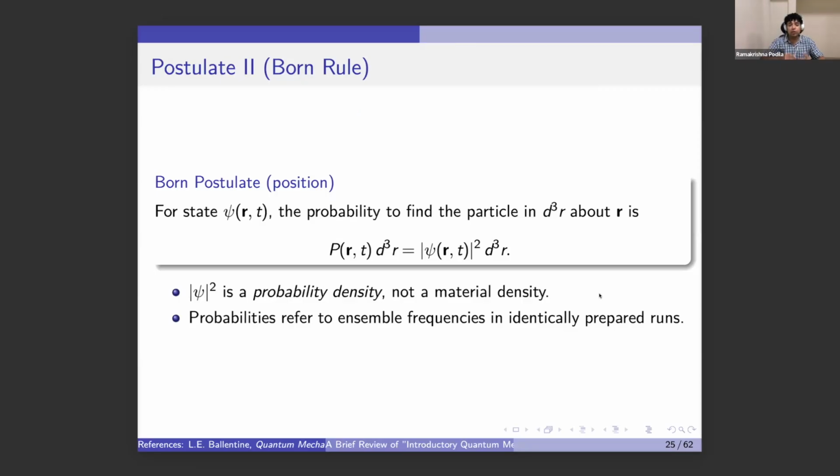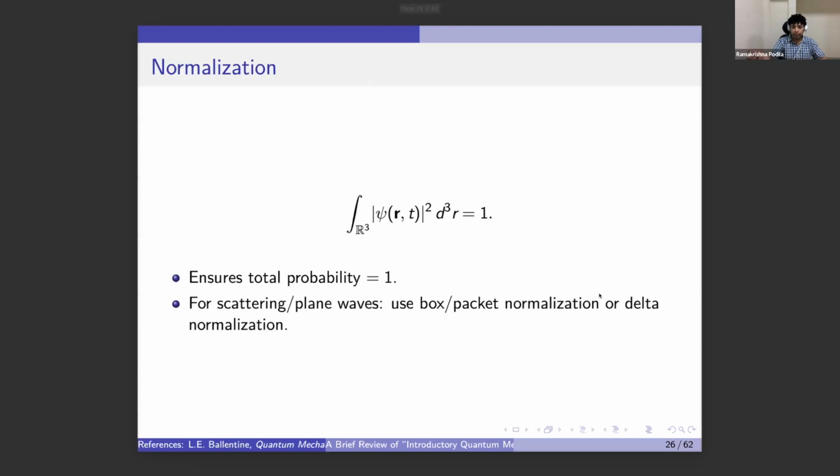how patterns emerge. So with postulate 1, we were able to explain the localized hits that we saw in the experiment. And with postulate 2, the Born rule, that psi square is the probability and that it is normalized to 1, we can explain the interference pattern. So whatever psi we build, we normalize it to ensure that the probability stays between 0 and 1.